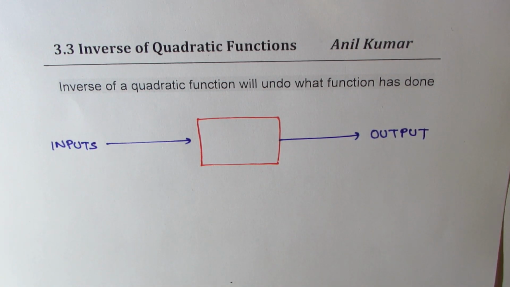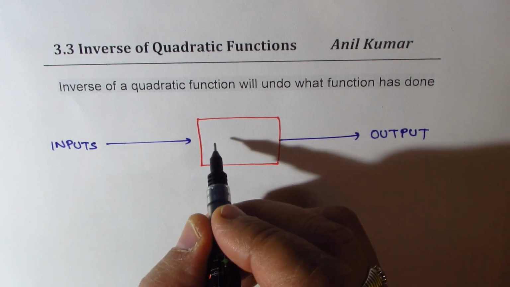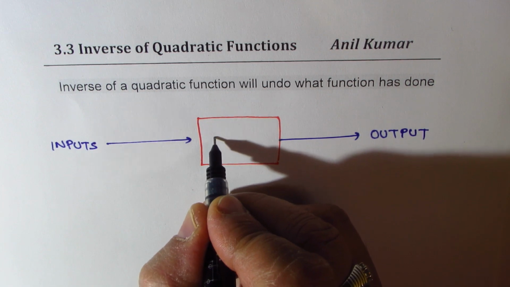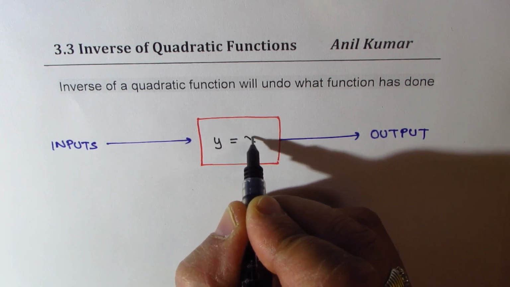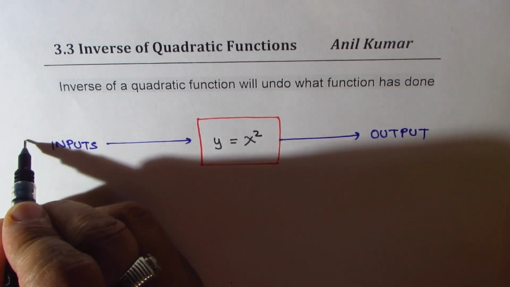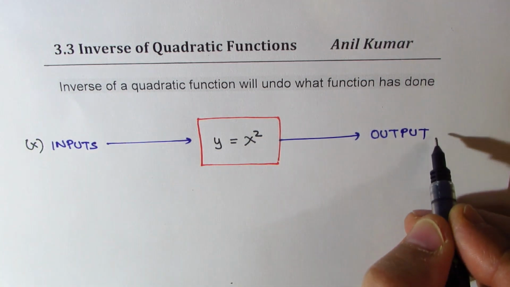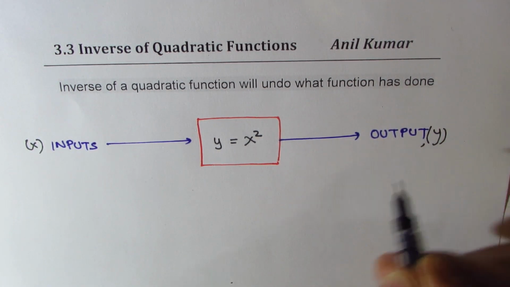Since we are talking about quadratic functions, the relation for the function is y equals x squared, where x is the input and y is the output, correct?